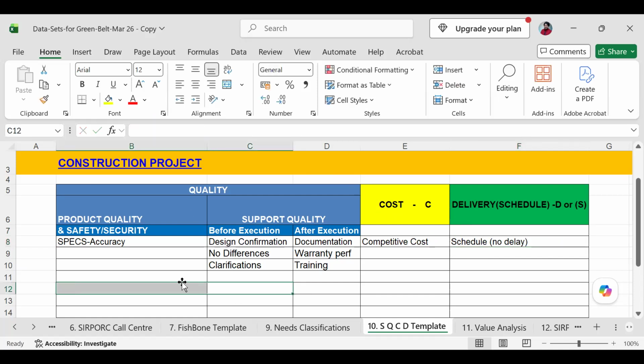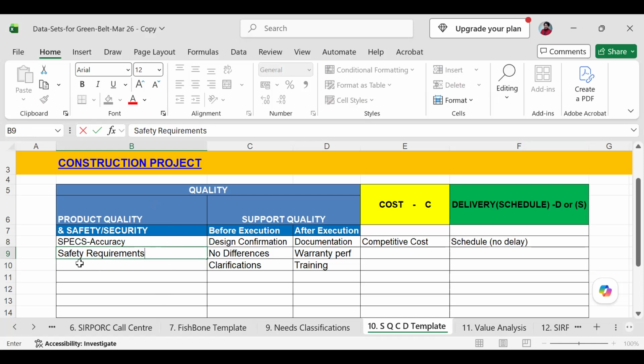So these are examples of what the customer wants from us in terms of the quality of product. What about safety? So safe practices by your people? Safety requirements. So this would all go under the security requirements.